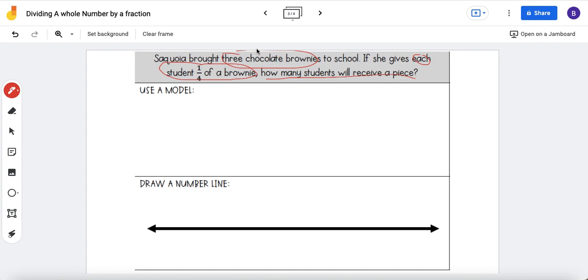So again, the things that we circle are key important parts of a word problem that we're going to need to solve. So the 3 chocolate brownies that Sequoia brought to school, this is the number that we're trying to split up. 1/4 is the amount of brownie that Sequoia is going to give to each student. This is going to be the groups or parts that we're breaking it into.